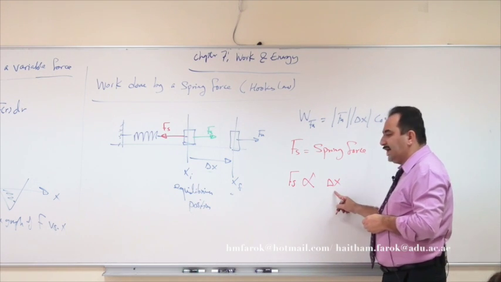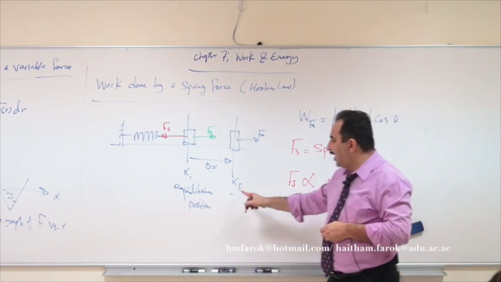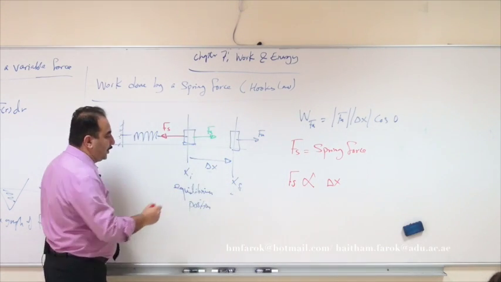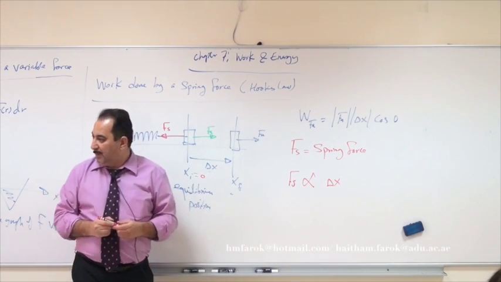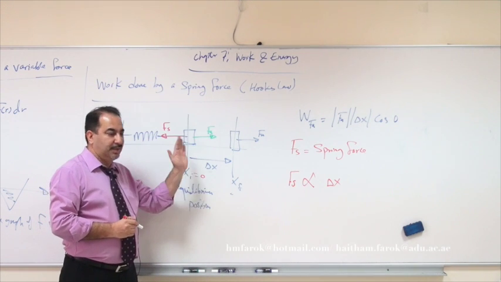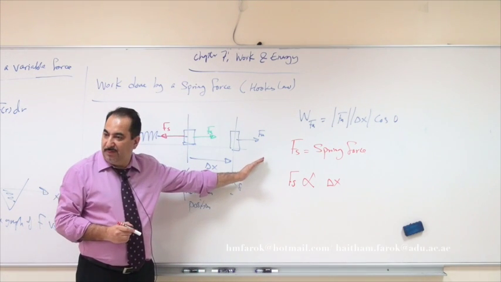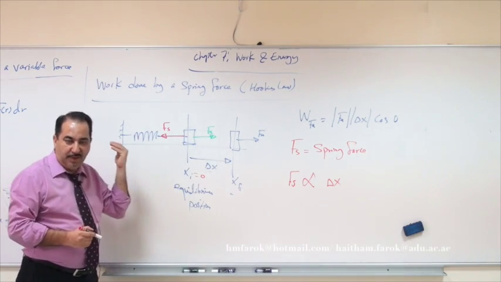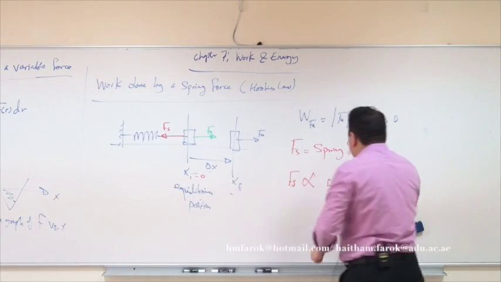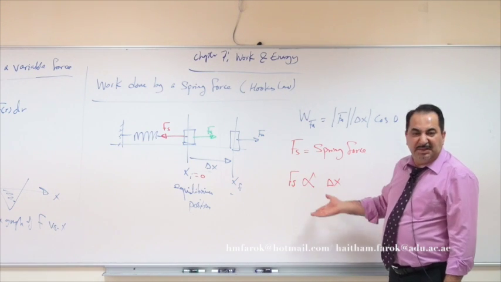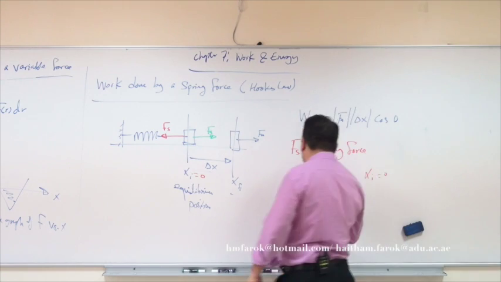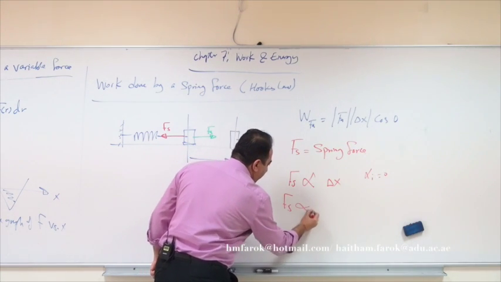But before that, delta x is a displacement, which means x final minus x initial. Now, if I take x initial to be the equilibrium position, 0, not compressed, not stretched, and by the way, this side is positive extension and this side is negative x, then I can replace delta x by x, because xi is 0. So Fs is directly proportional to x.